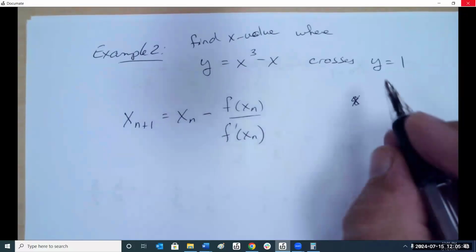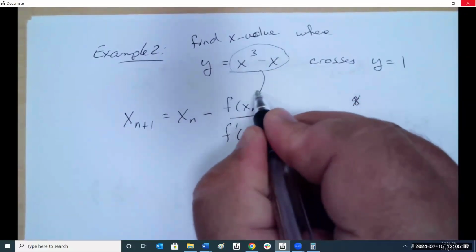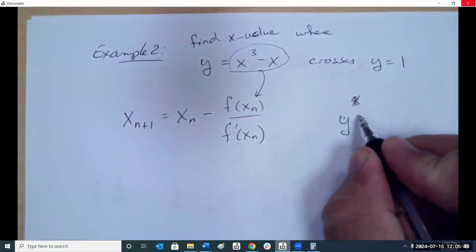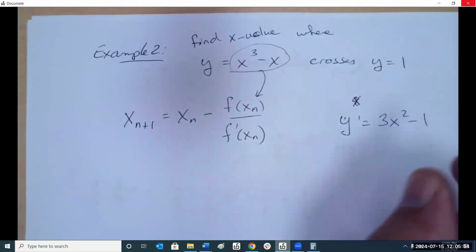We first have to find the first derivative, because we have this right now. That's the top. We got to find the first derivative, which is 3x² minus 1.